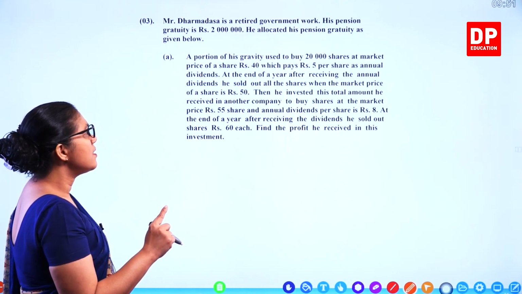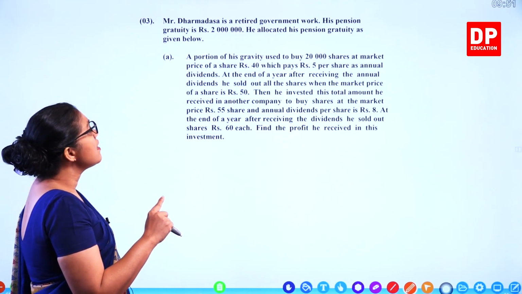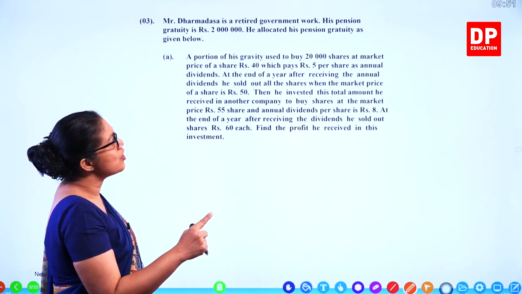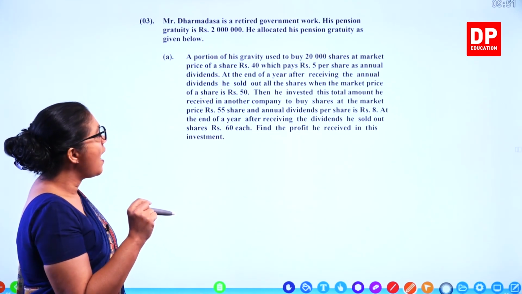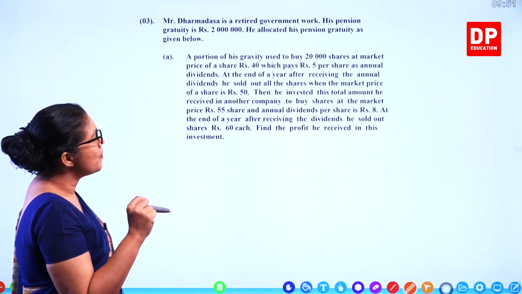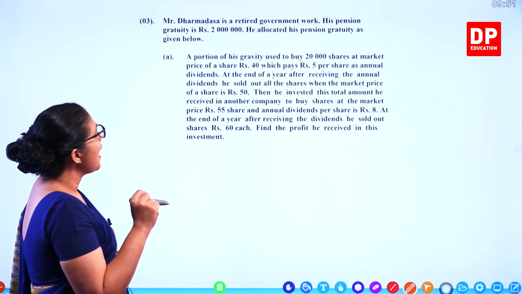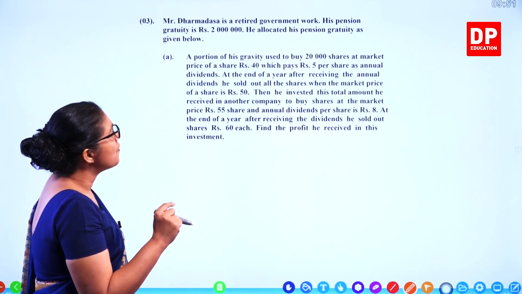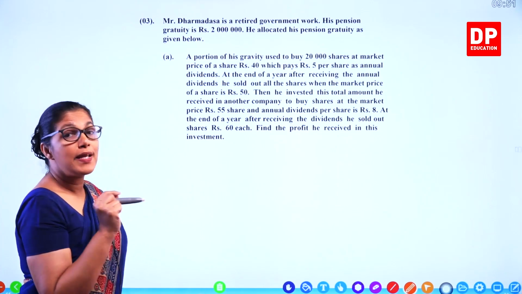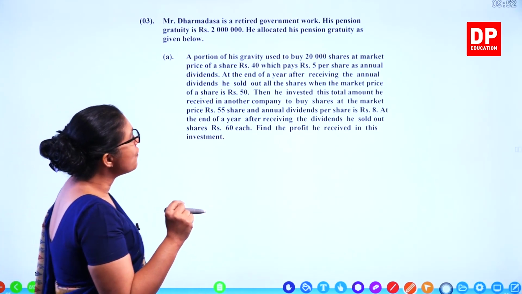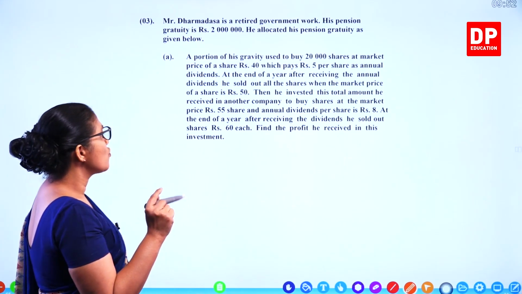Then he invested this total amount he received in another company to buy shares at the market price of 55 rupees per share, and annual dividends per share is 8 rupees. At the end of the year, after receiving the dividends, he sold out shares at 60 rupees each and find the profit he received in this investment.